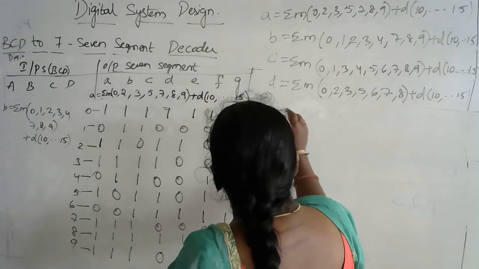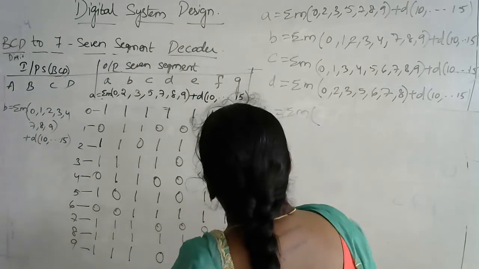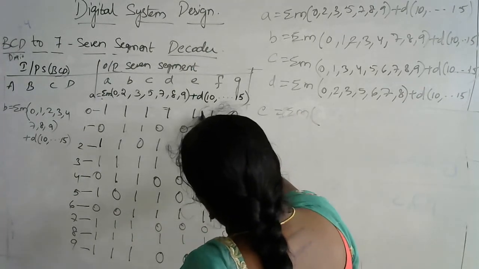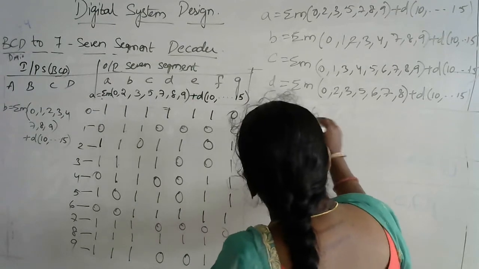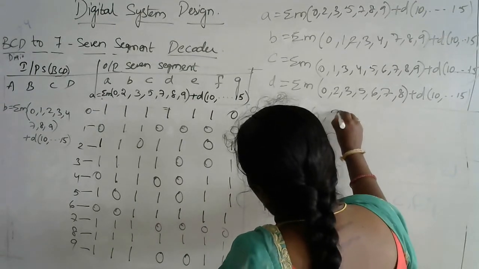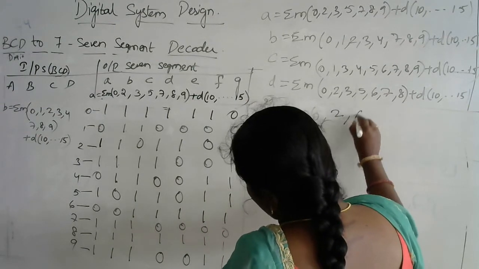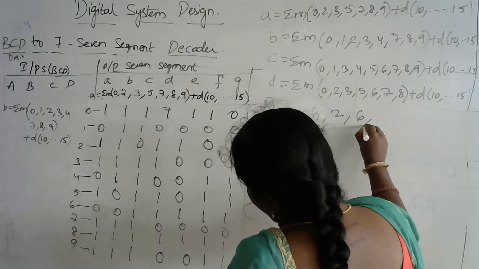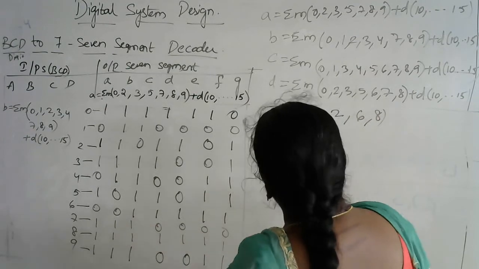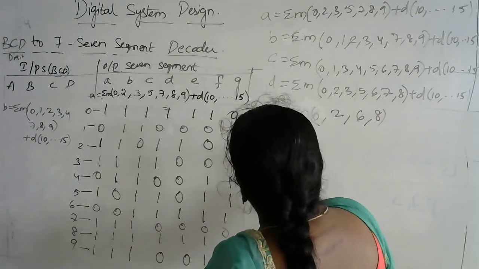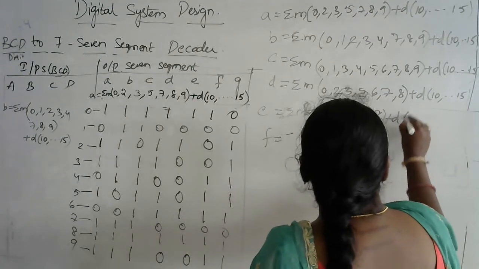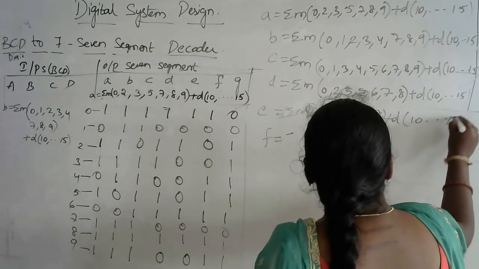E is equivalent to sigma m of, this is 0, 1 is not there, 2, 6, 8 plus don't cares 10 to 15.